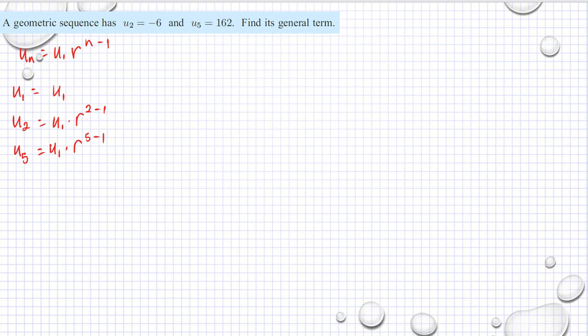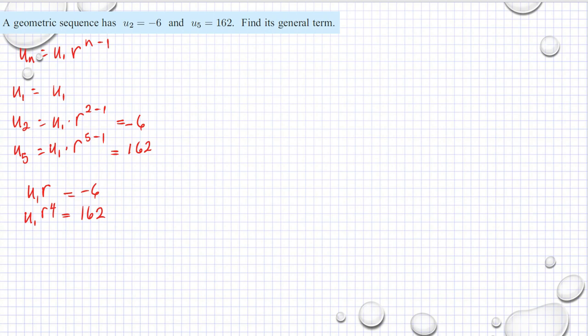So we have now this supposed to equal 6, and this should equal 162. Sorry, -6. So we have u sub 1 multiplied by r is equal to -6, and then u sub 1 multiplied by r raised to 4 is equal to 162. So since this is a ratio, we can divide those.